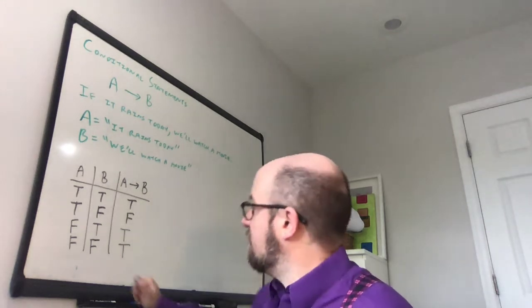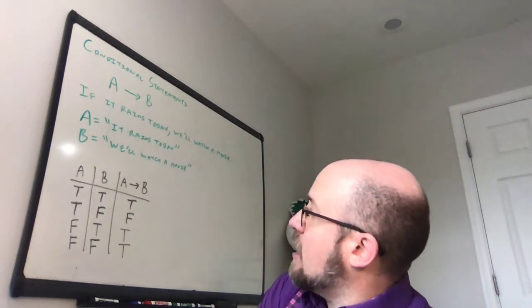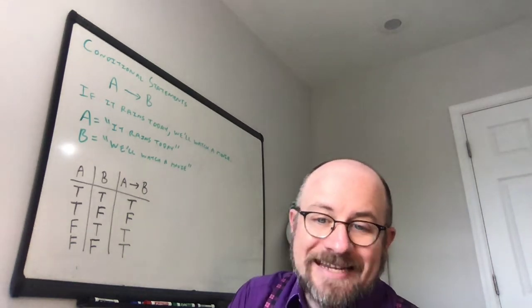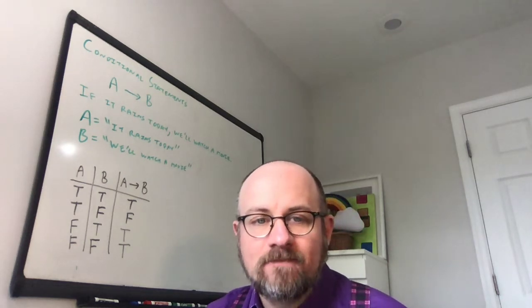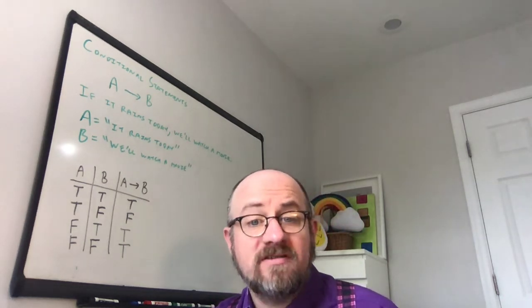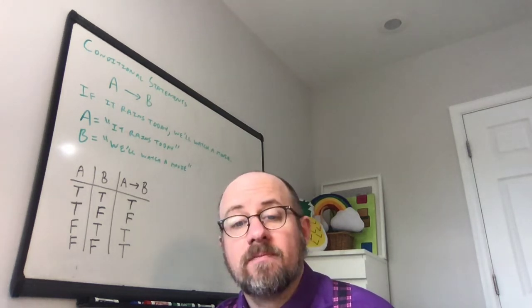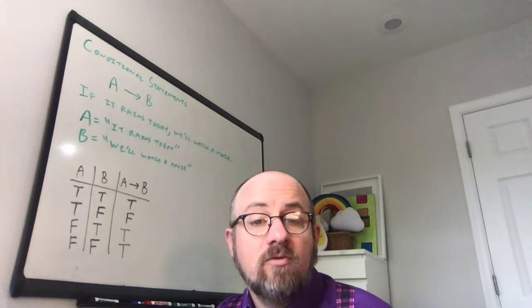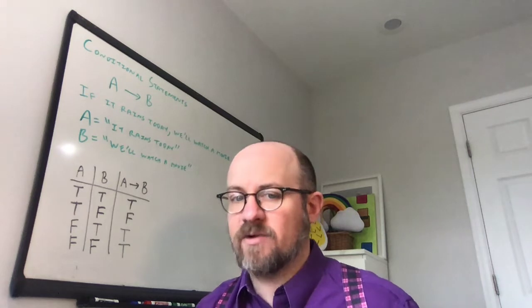So let's talk about these in terms of our example. If A is false and B is true, it didn't rain today and we still watched a movie. Does that contradict what we said? We said if it rains today, we'll watch a movie. It didn't rain and we still watched a movie. That really doesn't contradict what we said, because we didn't say anything about what we were going to do if it doesn't rain today, right?